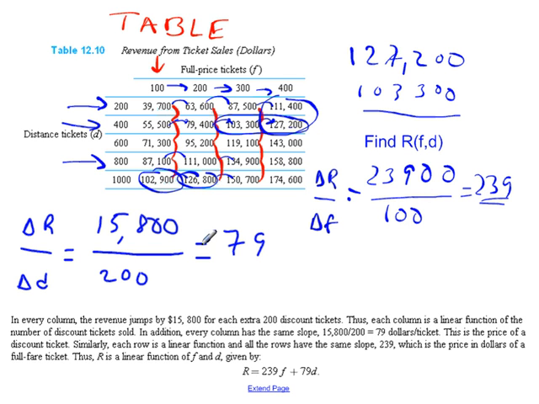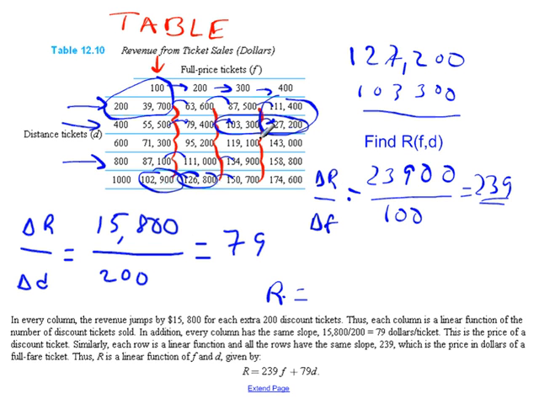So if I wanted to get an equation for my revenue as a function of both full price tickets and distance tickets, I could say that my revenue equals, well, let's just choose some point. Let's choose this first point.